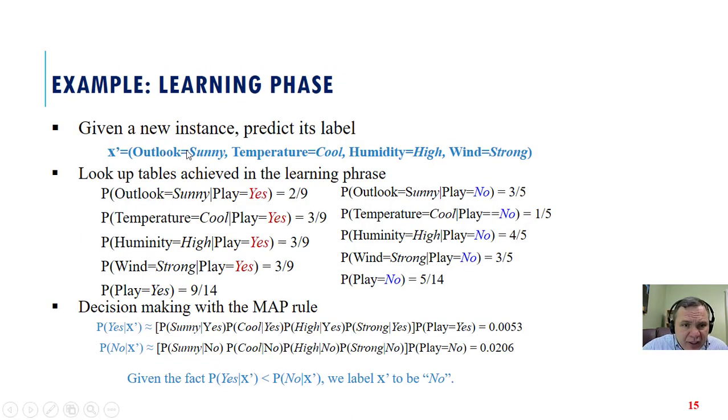After this learning phase, we need to apply that to a new set of features. So suppose that we have a new x, a vector of features. Outlook is sunny, temperature is cool, humidity is high, wind is strong. You can imagine that we can encode this with a vector like 0, 1, 0, 3.